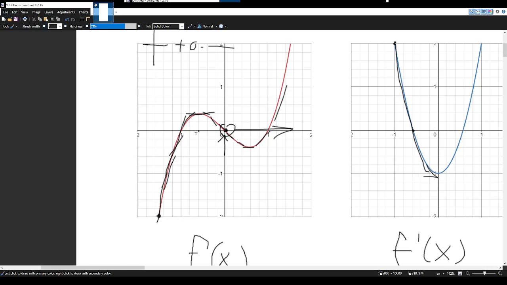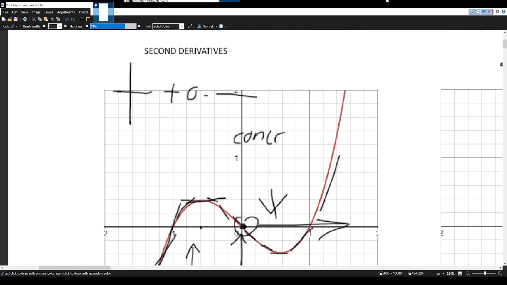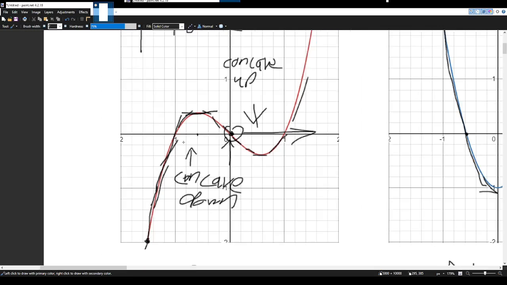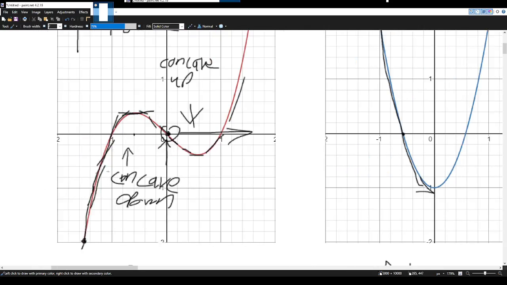This is called concavity. So this is concave down. This is concave down, and this is concave up. And so what this means is basically just what I was saying earlier. If it's concave down, that means that the slope is decreasing, which means the second derivative is negative. So see how this looks.